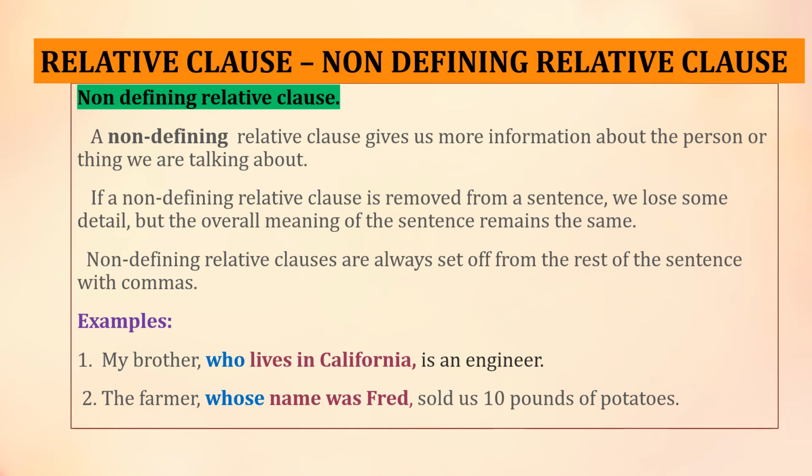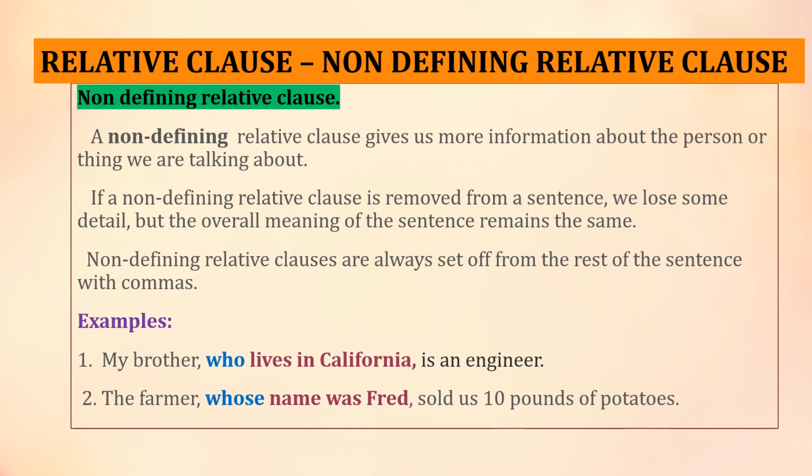The farmer, whose name was Fred, sold us 10 pounds of potatoes. Whose is a relative pronoun? It is saying about the farmer. It is giving additional information about the farmer, like his name. So here, whose name was Fred is a relative clause.